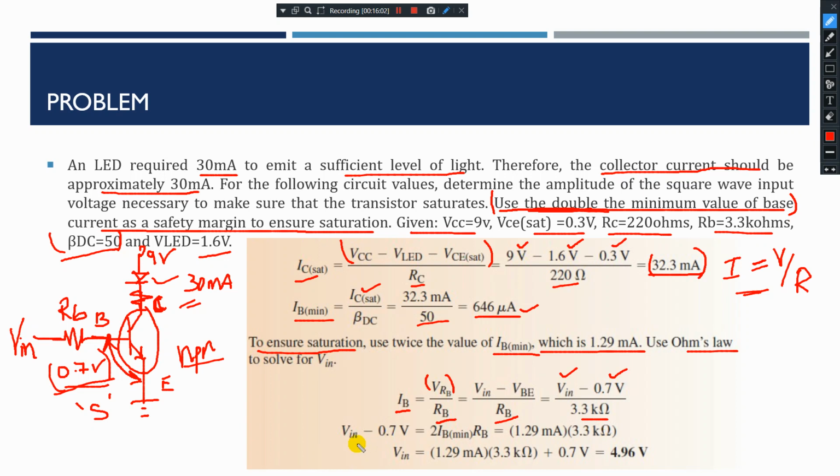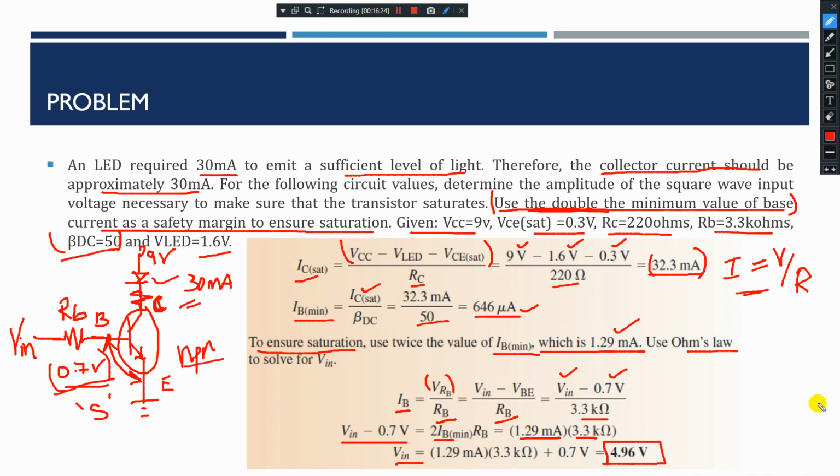Now cross multiply this: Vin minus 0.7 volt is equal to 2 times IB, which is 1.29 milliamps, into RB, 3.3 kilo ohm. Now if you solve this, the Vin voltage will be 4.96 volt.